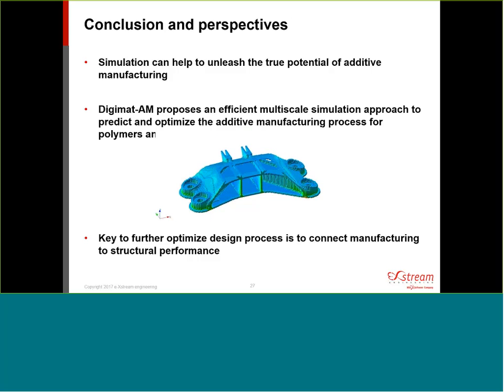If you want to further optimize your additive manufacturing design process, you don't want to stick to can I print my part and does it correspond to the geometry that I was expecting, but you also want to know how does my part actually behave? Can I optimize the performance of my part in terms of stiffness, of strength, etc. And so this is really key to further optimize the design process, to connect manufacturing to structural performance. And so this is basically what we'll be discussing in the next webinar of this webinar series.